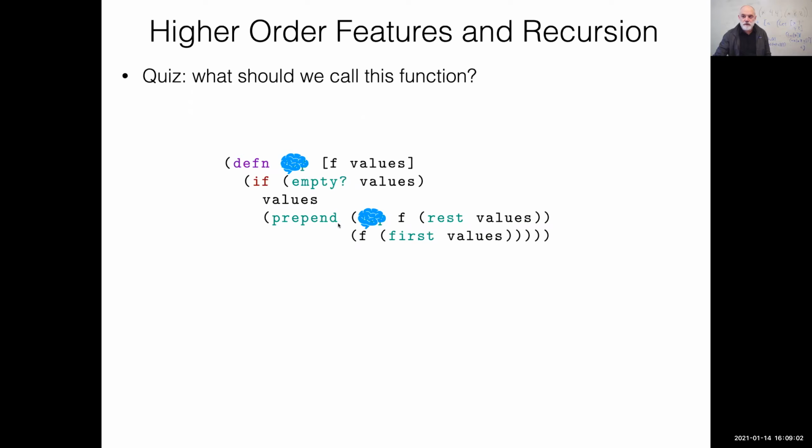Otherwise, it prepends the value of applying f to the first element in the list onto the list that is recursively constructed by calling map with the same function as an argument and the rest of the values. So the answer is map.